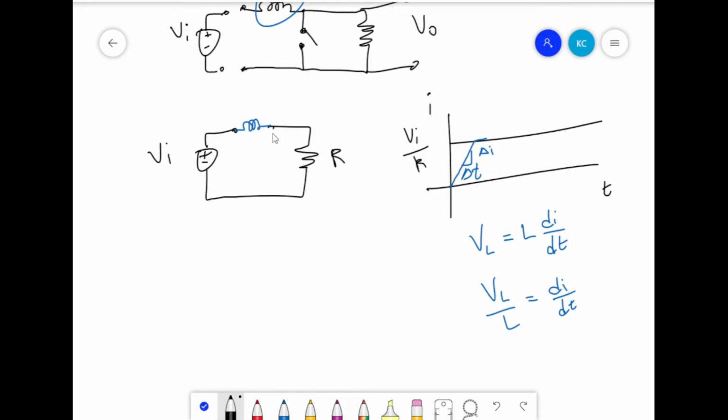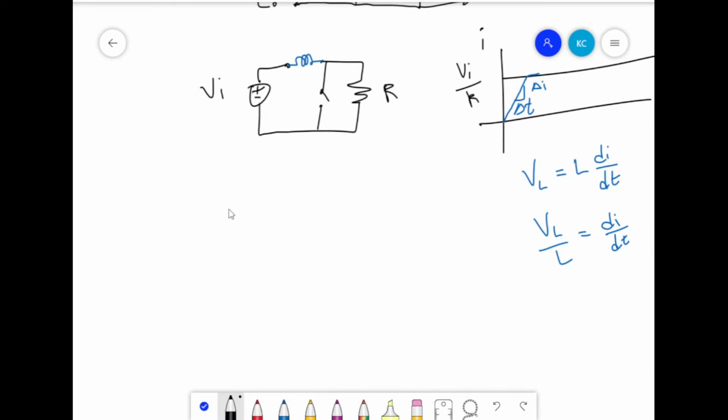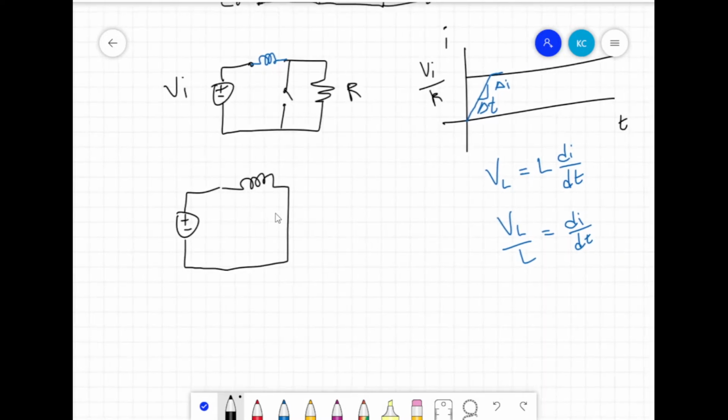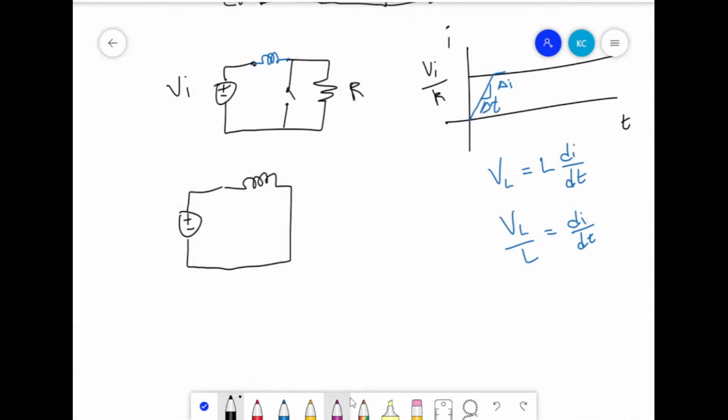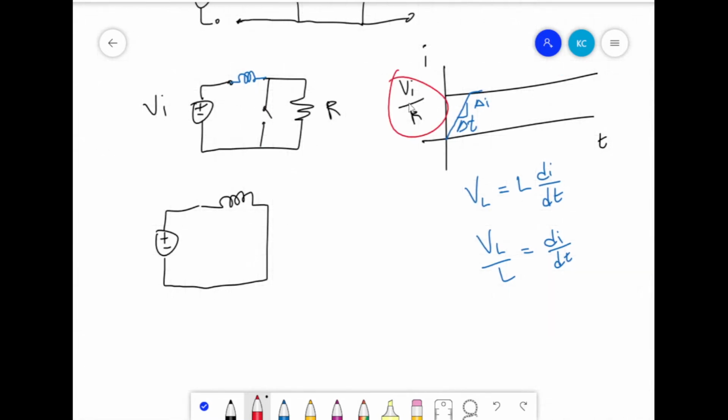But if we put a switch here which shorts the circuit, so on the on period we get basically a circuit that looks like this, right? If we close the switch, we're going to short out the circuit and it's just going to go like that, which means that we don't have this resistor ceiling anymore.